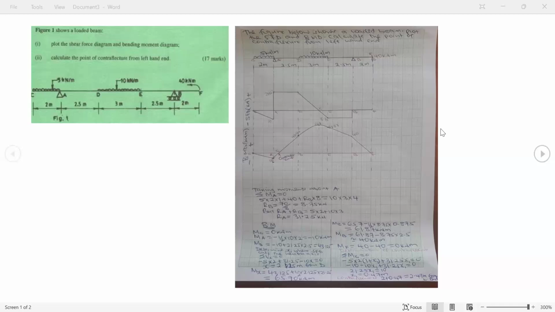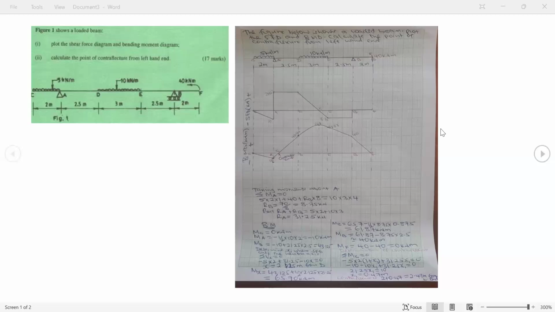We will now determine the value of reactions RA and RB by taking moments about support A. When we take moments about support A, one thing we know is that the sum of moments about point A is 0. And as I told you earlier, I will assume at A I have a hinge. Now B doesn't exist in that case.